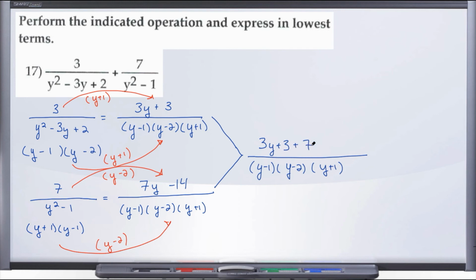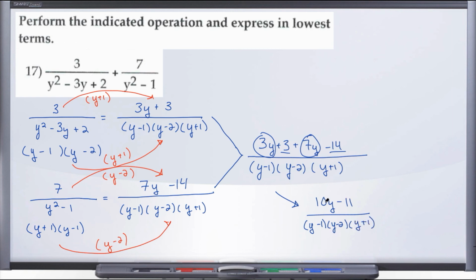So plus 7y minus 14. And let's go ahead and combine some like terms here. So 3y plus 7y, well, that gives us 10y. And 3 minus 14, well, that's going to give us a negative 11 over that common denominator. So y minus 1, y minus 2, and y plus 1.